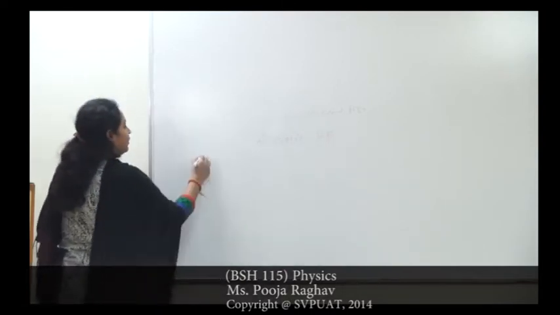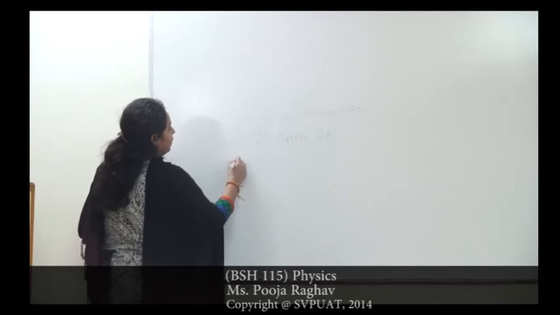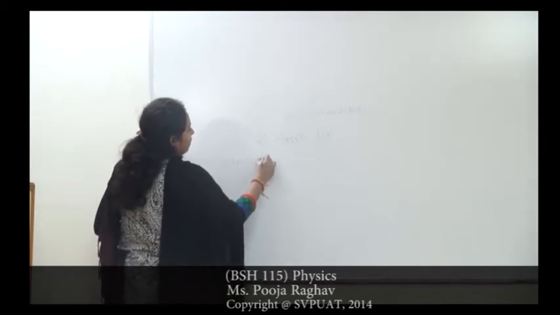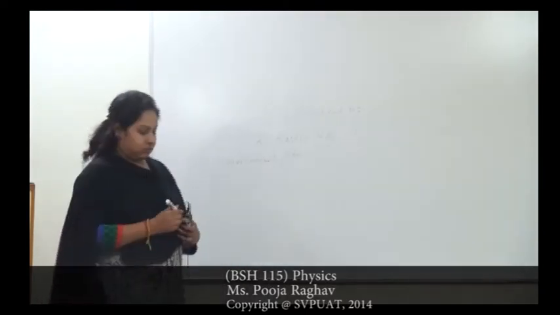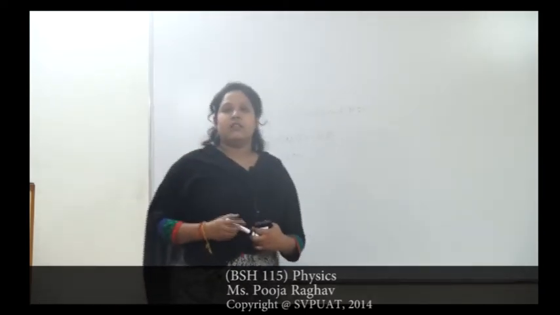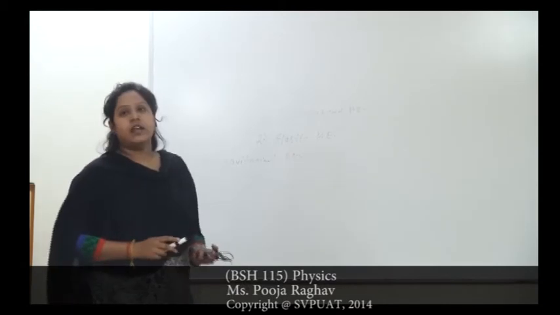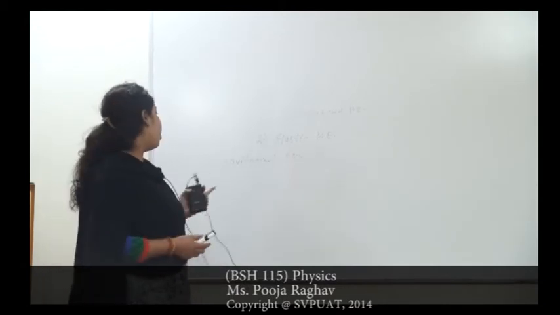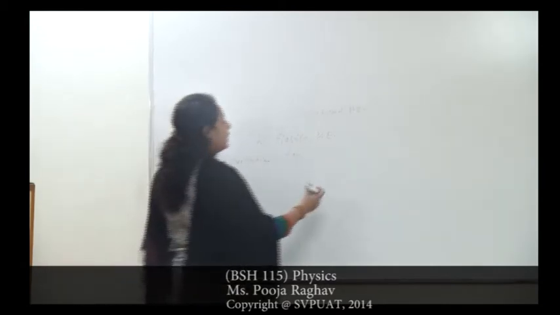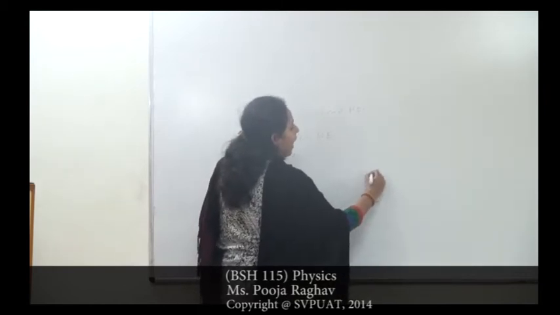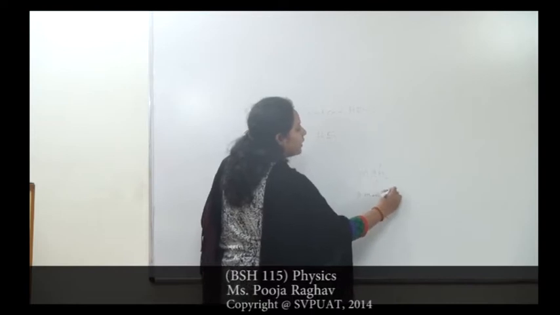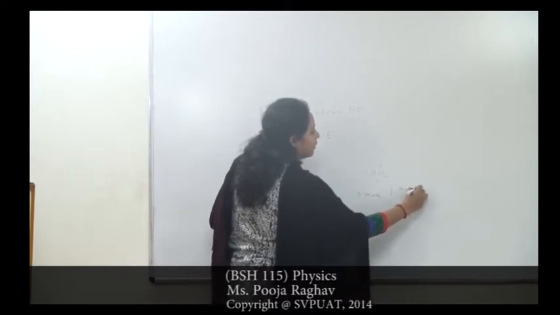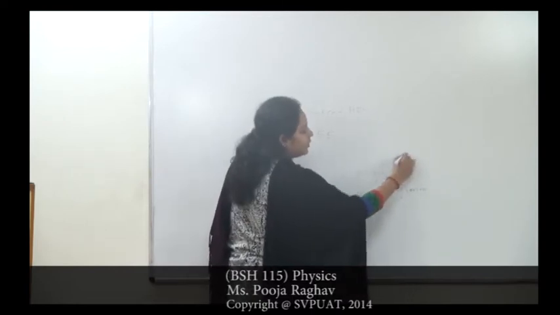Here we firstly discuss gravitational potential energy. Energy possessed by virtue of height above the earth's surface is called gravitational potential energy. Its value is equal to mgh, where m is mass, g is acceleration due to gravity, and h is height.